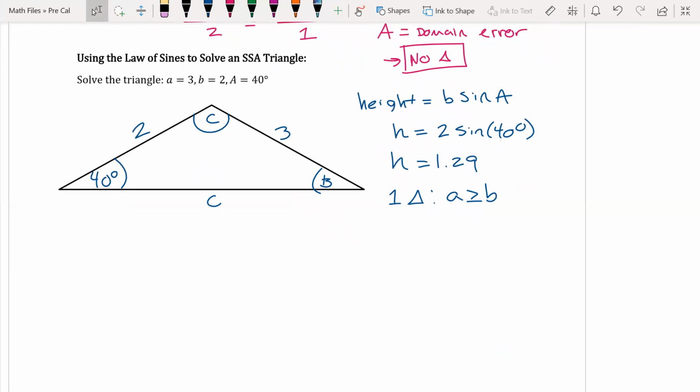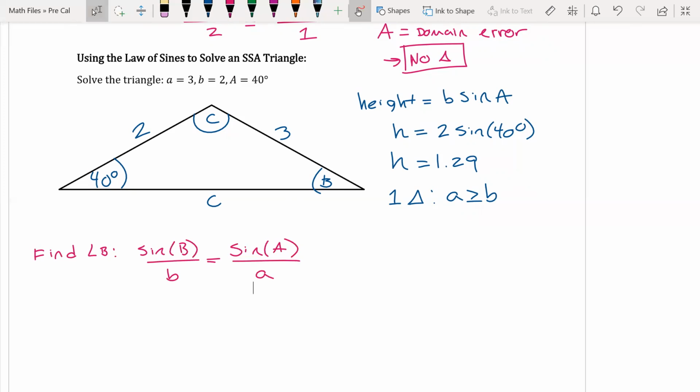So the first thing we can find, I believe, is angle B. Because to find angle B, we know side B. And now we also know angle A and side A. So we're going to find angle B.